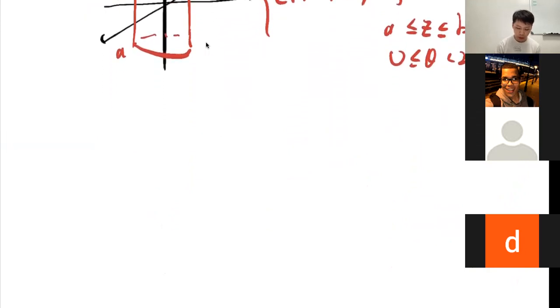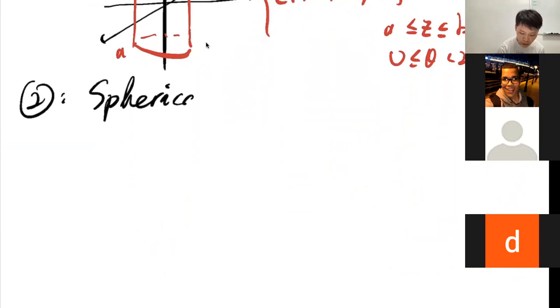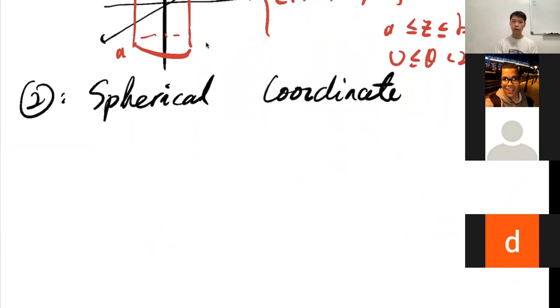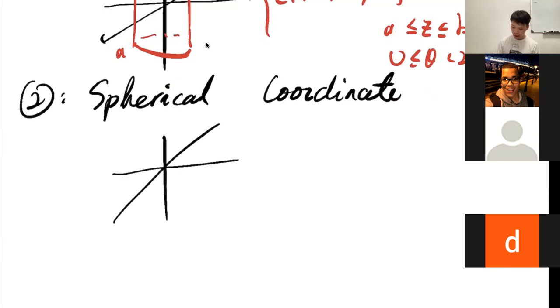Right. Another one of the coordinate systems is called spherical coordinate system. For the spherical coordinate system, your x, y, and z, or three coordinates, will be transferred to another set. And to better visualize the spherical coordinates, let's start with a sphere in R3.